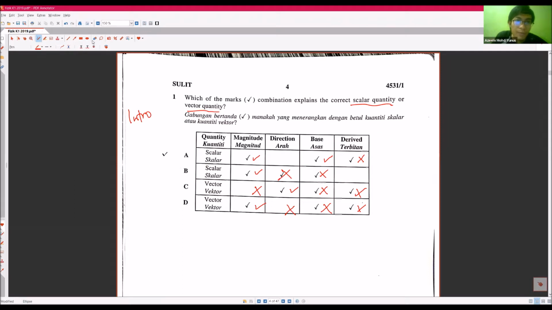But in this case, some of the derived quantities are scalar quantities as well.